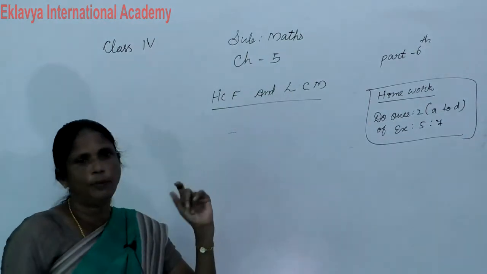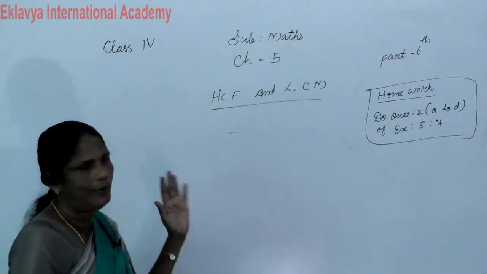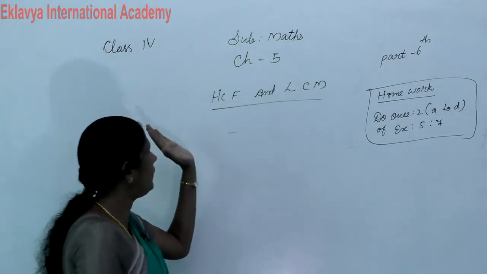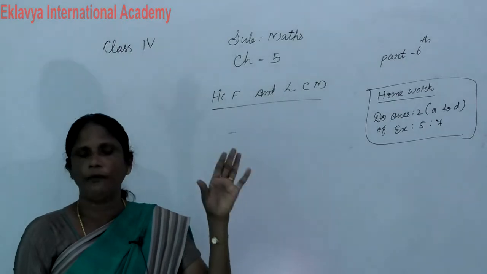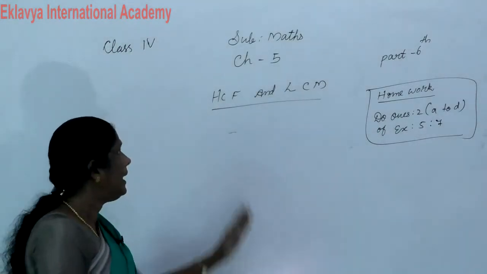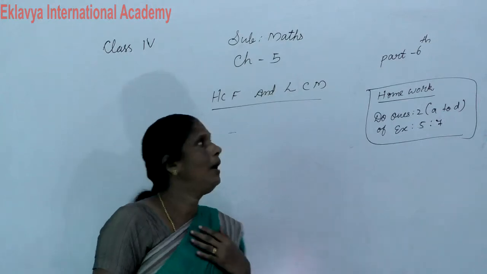You find the prime numbers from 1 to 100. Then first we find the HCF in the prime factor method. HCF means highest common factor.